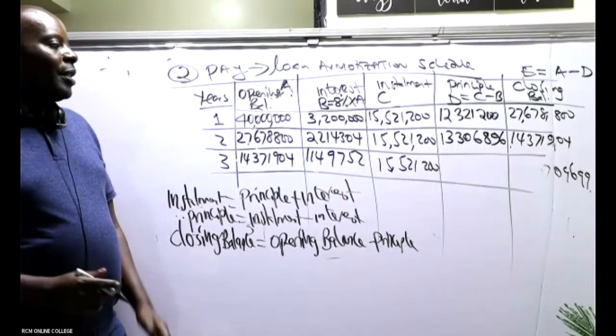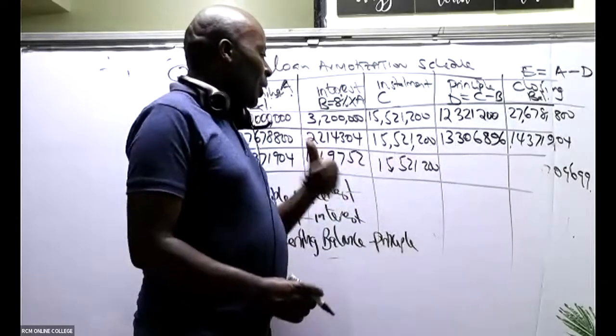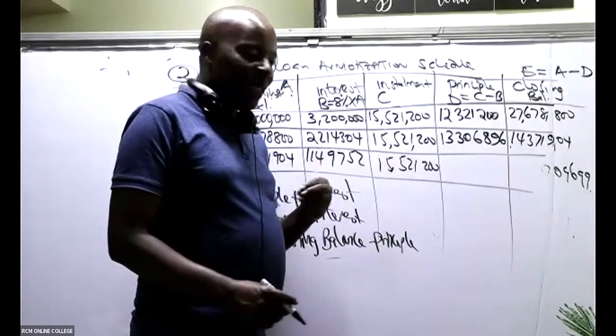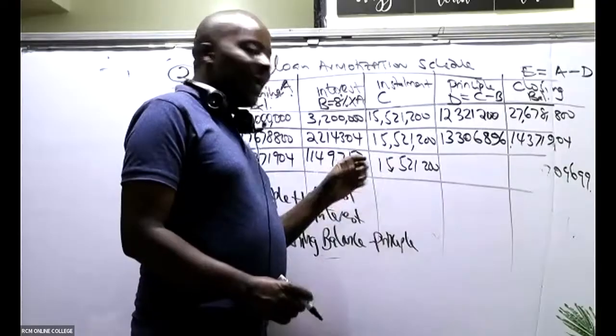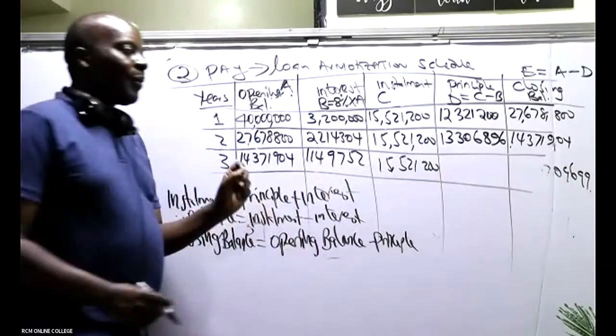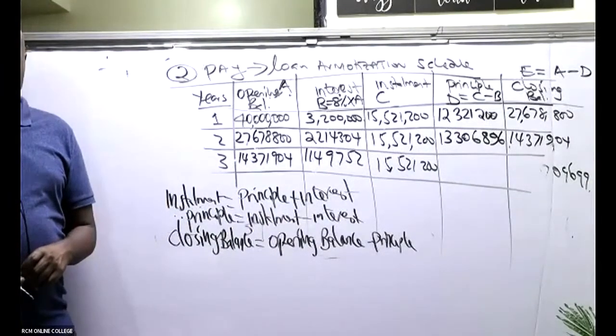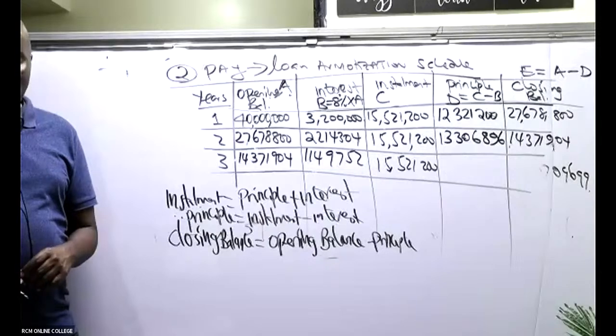Great. Then, ladies and gentlemen, I will be able to get the principal right away by taking the figure. I don't round my figures in my calculator. I will simply say this figure minus my answer in the calculator to be able to get the principal amount.